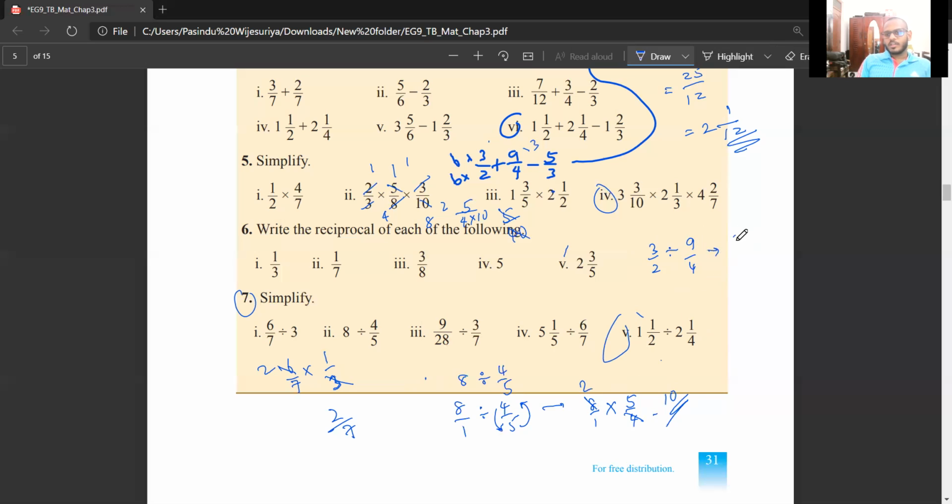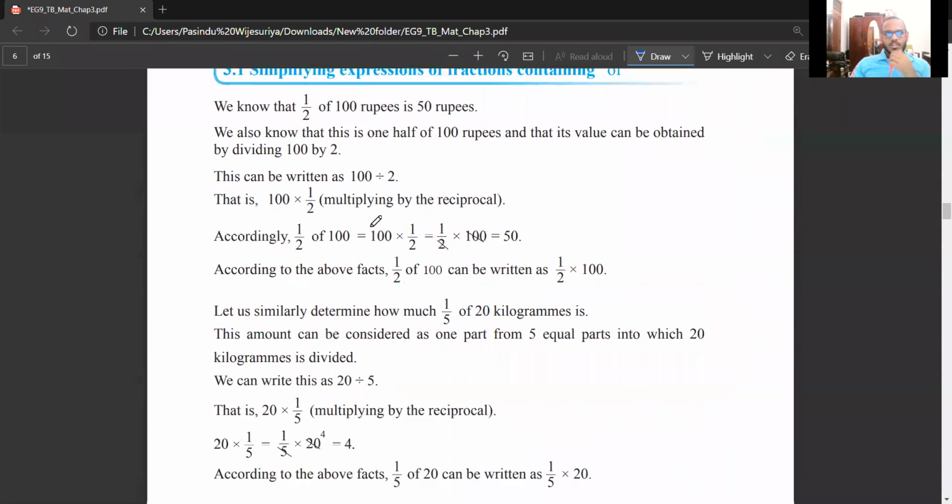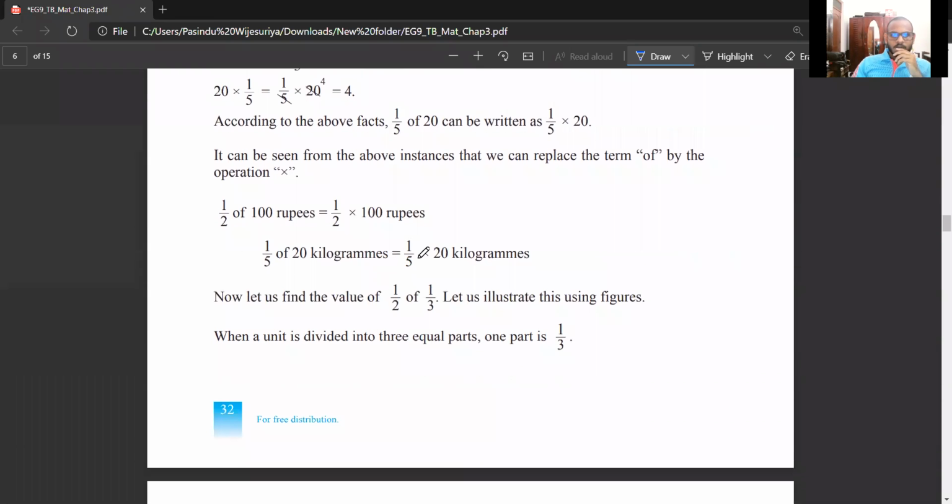Then you take the reciprocal: 3 over 2 into 4 over 9. 2 over 3 is the answer for question number 5. Moving on to the next part.